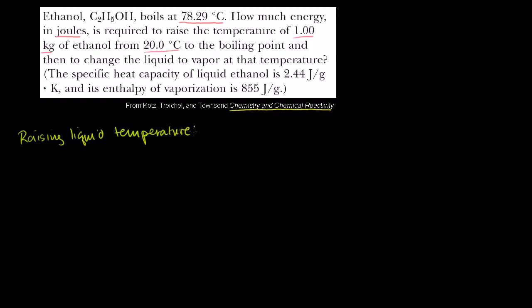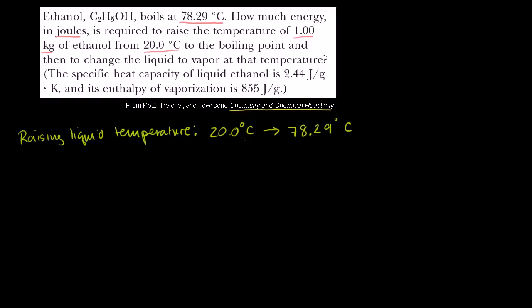Just the liquid temperature. So the first thing I like to do is, how many degrees are we raising the temperature? Well, we're going from 20 degrees Celsius to 78.29 degrees Celsius.